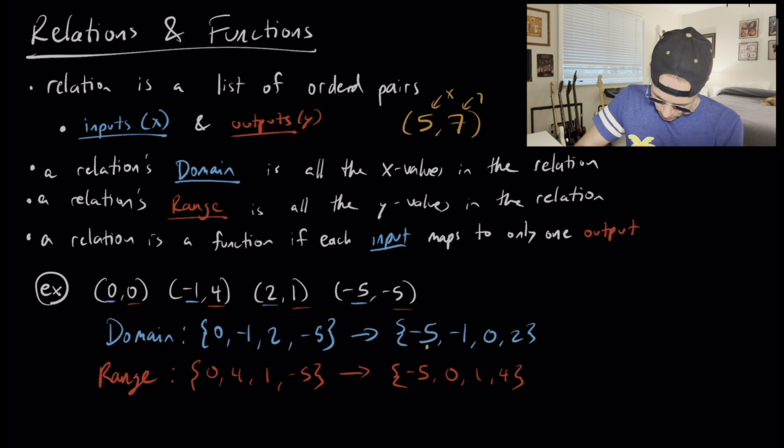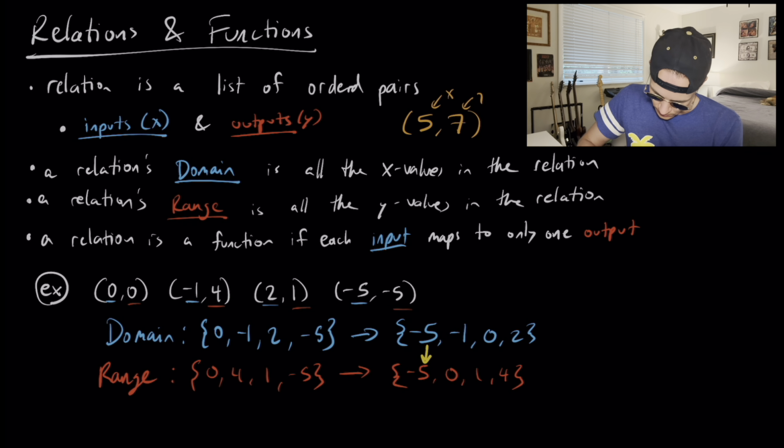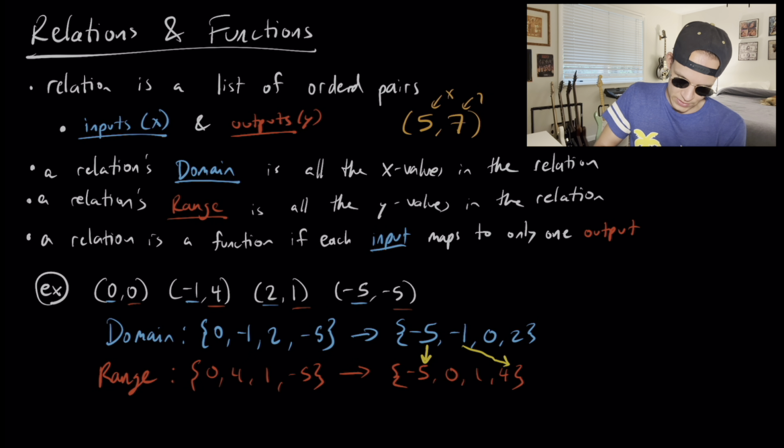So I'm going to draw an arrow from -5 to -5. All right, -1, if that's the x value I'm interested in, its corresponding y value is 4. So I'm going to draw an arrow over here to 4. If the x value I'm looking at is 0, well, that maps to 0. So go here and then here. And if we have 2 as our x value, our output is going to be 1.